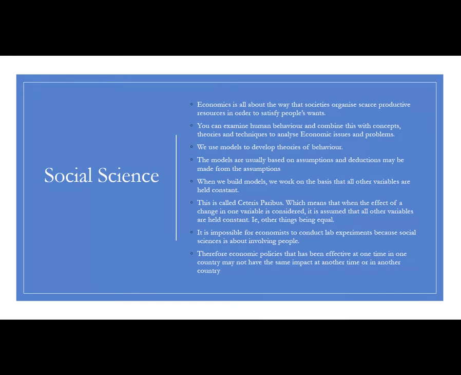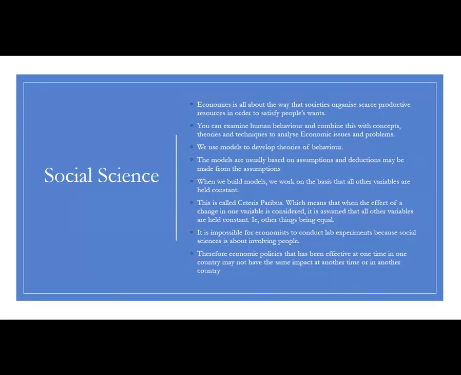So you have to make this distinction at the start: just because you've decreased interest rates in the UK, or decreased taxes, or there's been an injection of money into a certain economy, that does not necessarily mean that it will work in another country. You have to look at each country on its own merit. So that's the part on social science which you need to make sure that you understand.